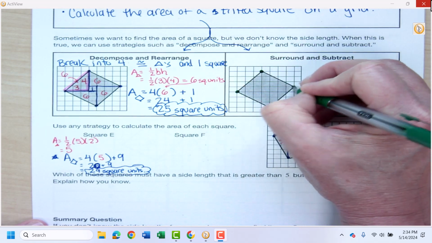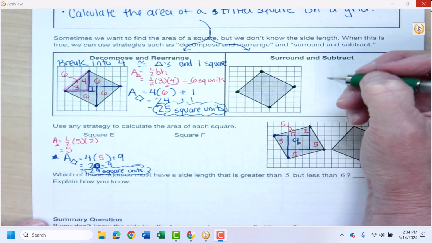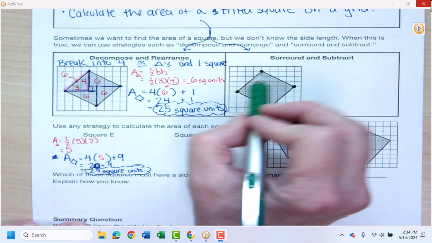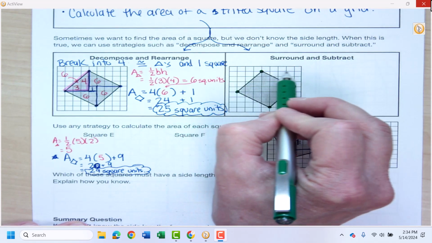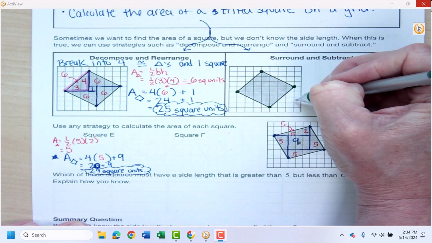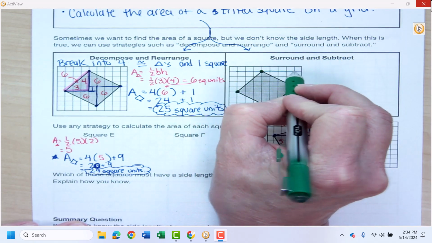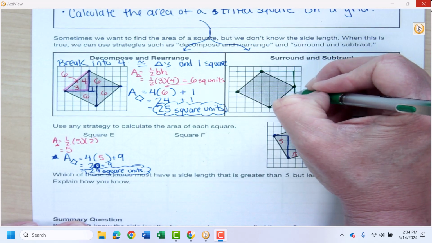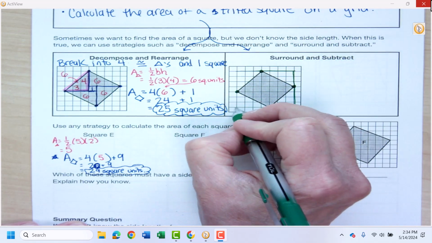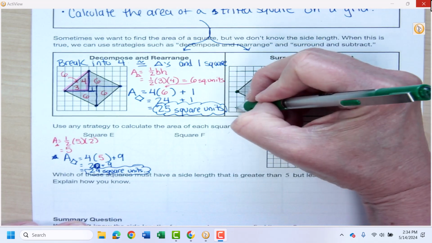Again, I'm going to pay attention to these 4 vertices on the tilted square. And I'm going to draw a square around this that touches all of those vertices. Might have been easier with a highlighter here, but touching all of these vertices. I'll go back over it in a highlighter.